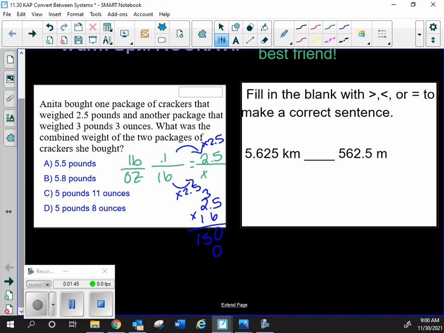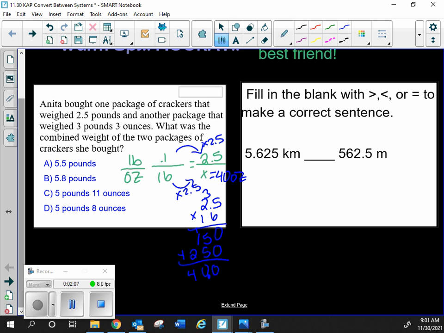Carry the 1. 5 by 1, 2 by 1. That gives 40. Okay. Was that right? Did we maybe make a math error somewhere there? Okay. All right, we got it. So that is the same thing as 40 ounces, OZ.